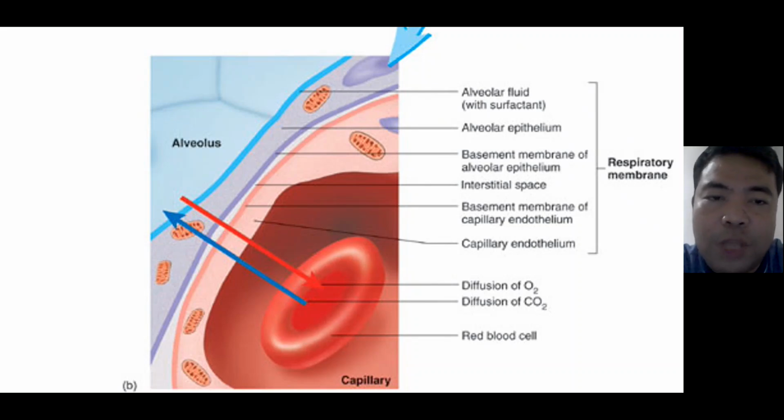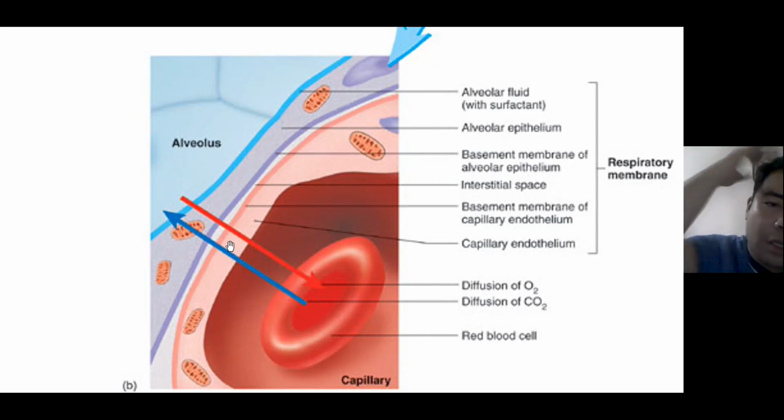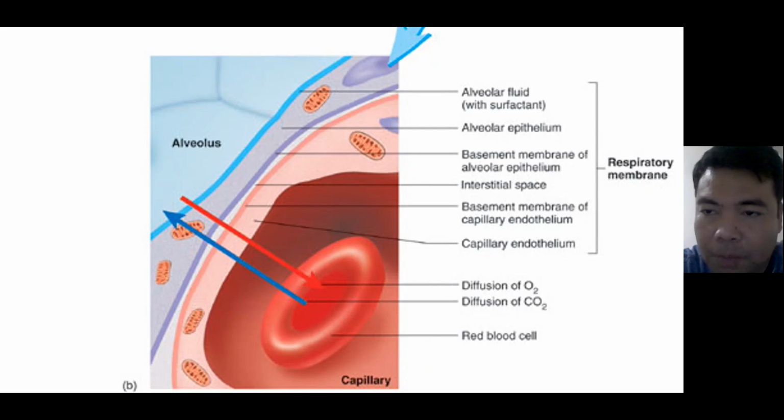In cases of pulmonary edema, syempre pag tinubig yan, magiging mas makapal ngayon ang iyong respiratory membrane. And therefore, the gas exchange of these two gases will be significantly affected. Kaya ang tendency ng pasyente parang nahihirapang huminga o parang nalulunod, kasi talagang kinakapos sa oxygen because of the failure of gas exchange here in the respiratory membrane.